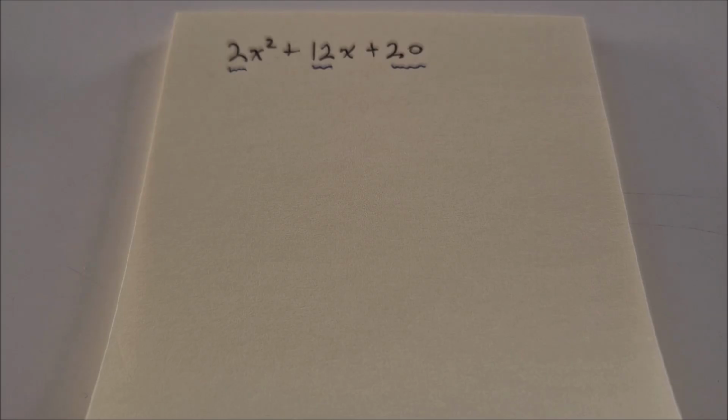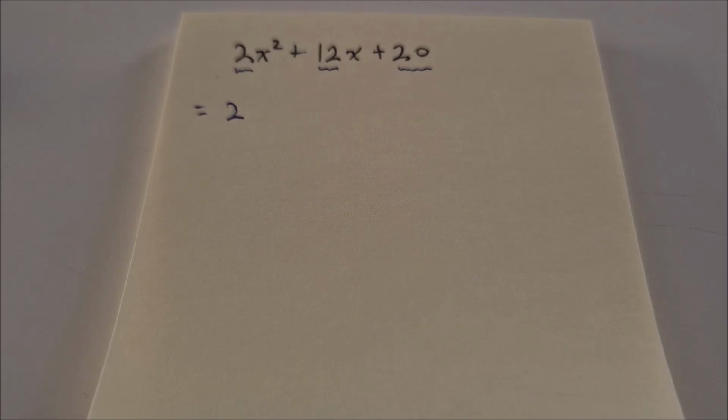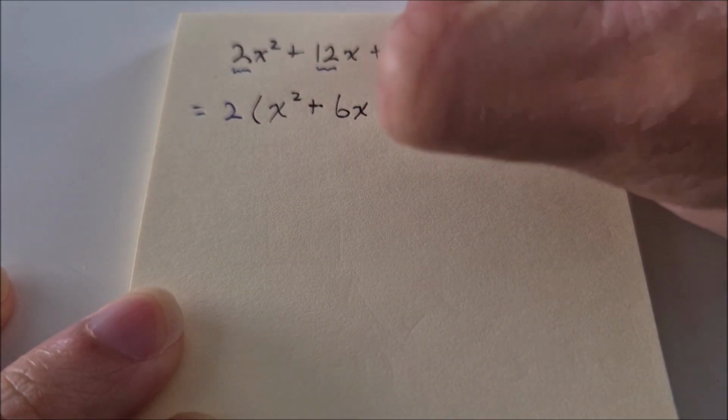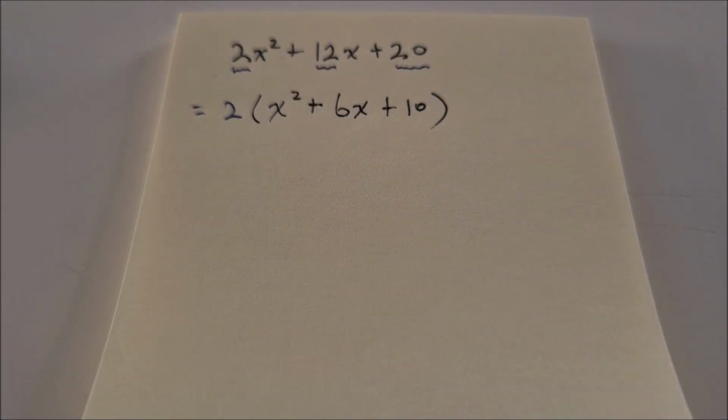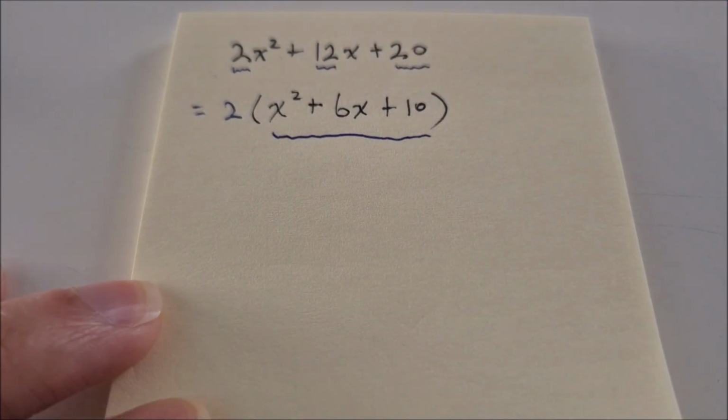So we can treat this like in the last video of simple factorization. 2 multiplied by x squared plus 6x plus 10, and then we look at factorizing this here.